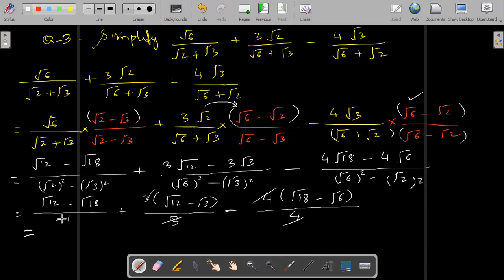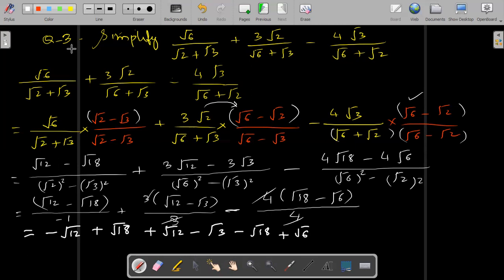So finally we got this: the minus will change the sign because of the denominator. This will become minus root 12 plus root 18, and plus root 12 minus root 3, and this minus will change the sign, so minus root 18 and minus minus plus root 6, plus root 6.